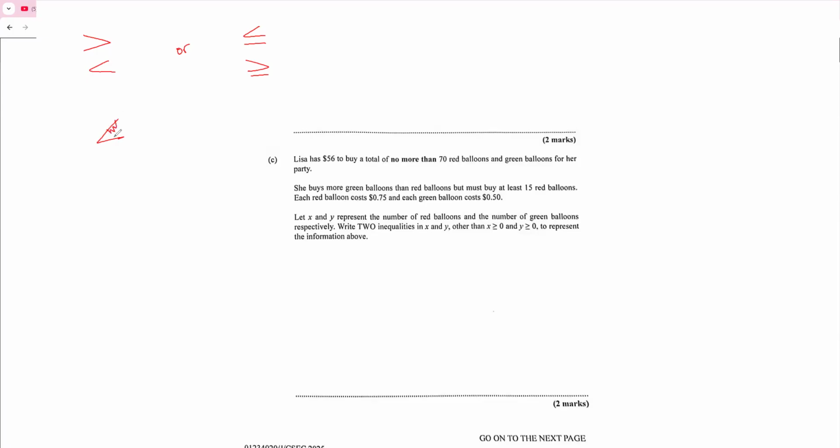Your alligator mouth opens to the bigger number. So if we have 5 and 10, 10 is bigger, so your alligator mouth will be open towards the 10. In other words, this is telling us 5 is less than 10, or 10 is greater than 5.